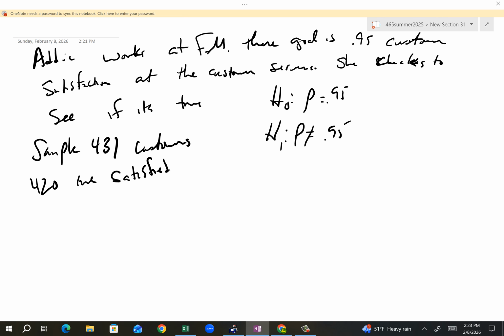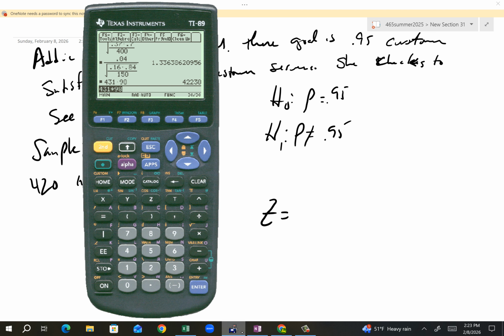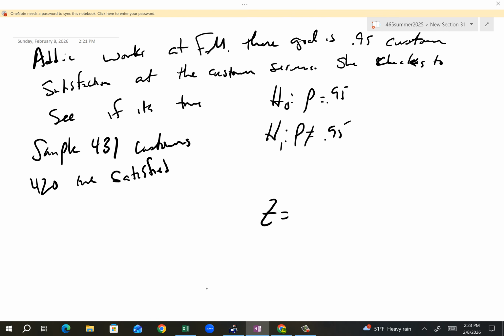What's this about? All right, now. So, right off the hop, Z equals, 420 divided by 431. Mr. Groom, 97%.